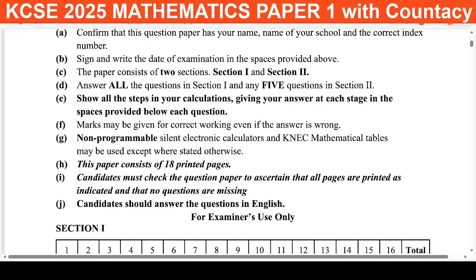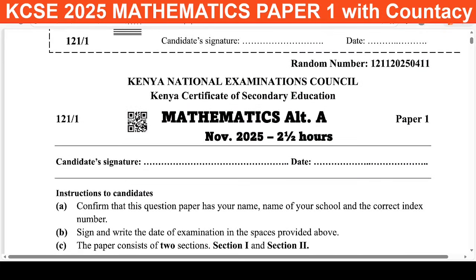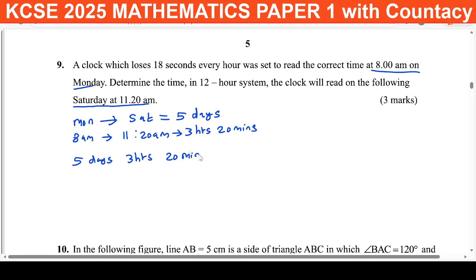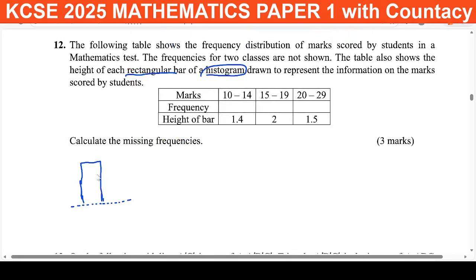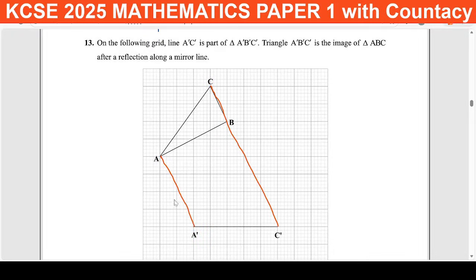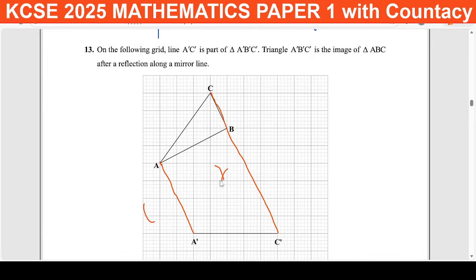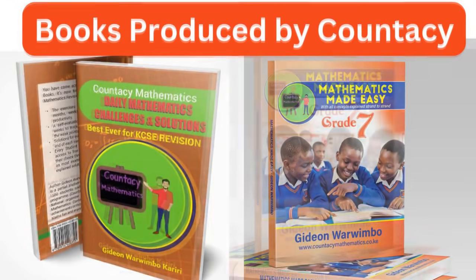Therefore, I decided to take my time to record this particular tutorial, not only to show you step by step how to tackle each and every question, but also to do something that is not usually done most of the time, and that is to reveal the mind of the examiner. I'll share with you how the traps were formed and how you can avoid them.